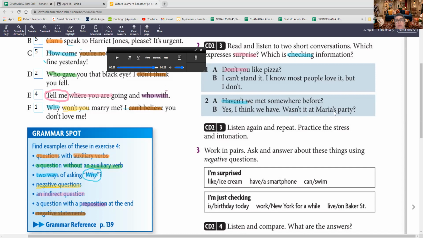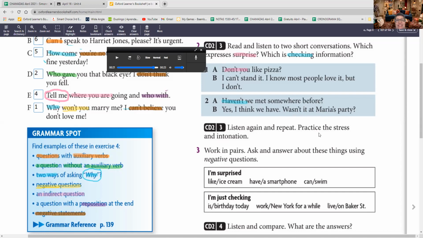Wasn't it at Maria's party? Look, the final T in wasn't we don't pronounce, it's silent, so wasn't it? We go from N to I. So wasn't it at Maria's party?